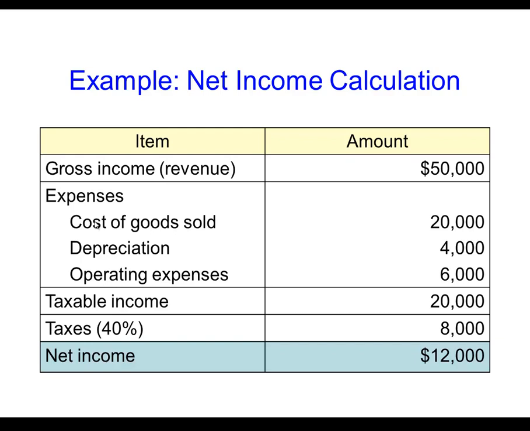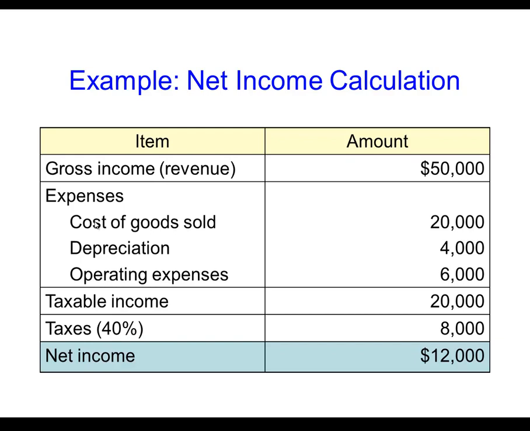So if you calculate 40% of that, then you have to pay taxes $8,000. So if you pay $8,000 taxes from the $20,000, then you are left with $12,000, and that's what's called net income.